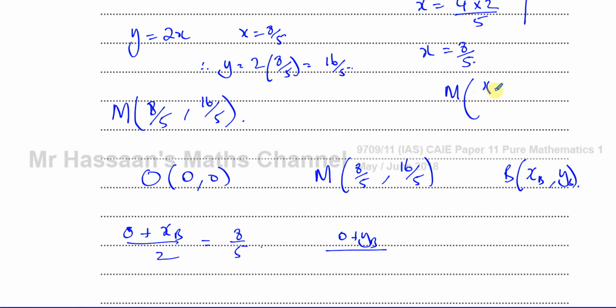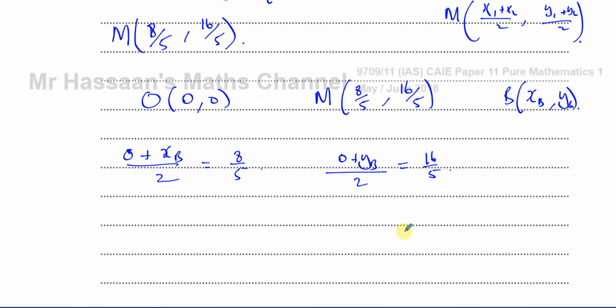So you have x1 plus x2 over 2 and y1 plus y2 over 2. That's how you find the midpoint. So we know the midpoint is 8 over 5. So I know that this is equal to the two x coordinates added together divided by 2. That's what we've done here. And I know that this is equal to the two y coordinates together, which is 0 plus yb over 2, is going to give me 16 over 5.